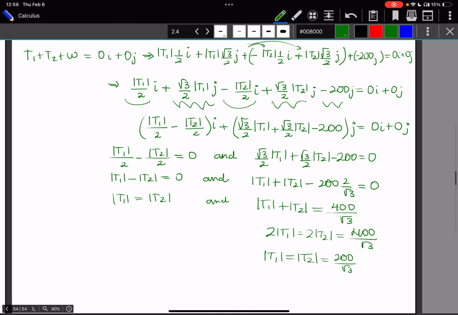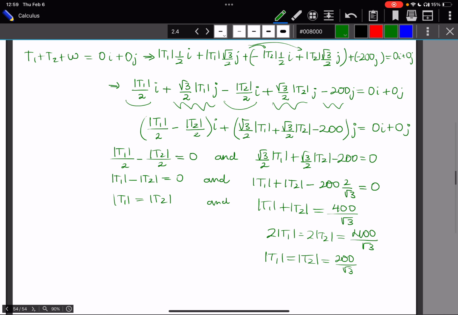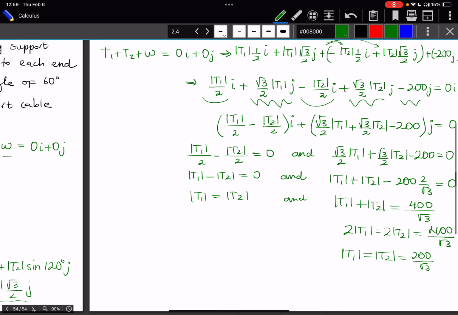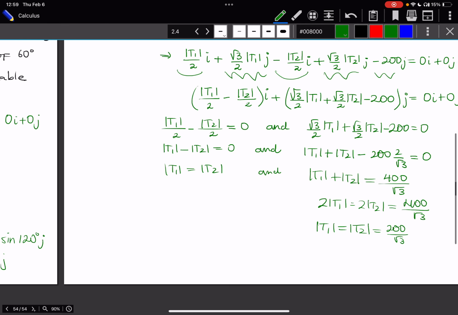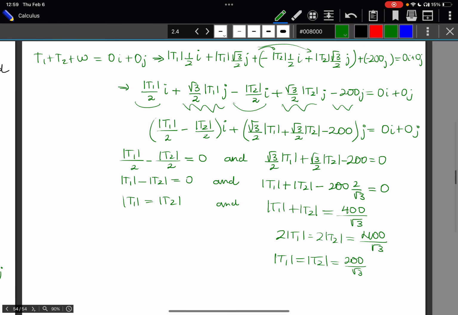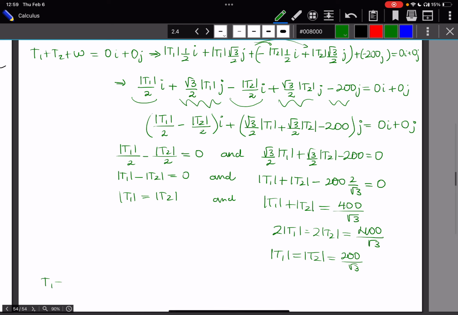And then the last thing we can do to find T1 and T2 is go back to the equations of T1 and T2 in terms of magnitudes. So when we go back to those equations, we get T1 equals the magnitude of T1, which is 200 over root of 3, multiplied by 1/2, and that's the first component of T1.